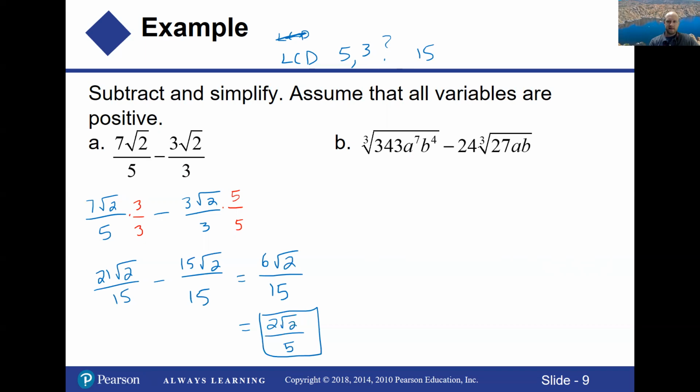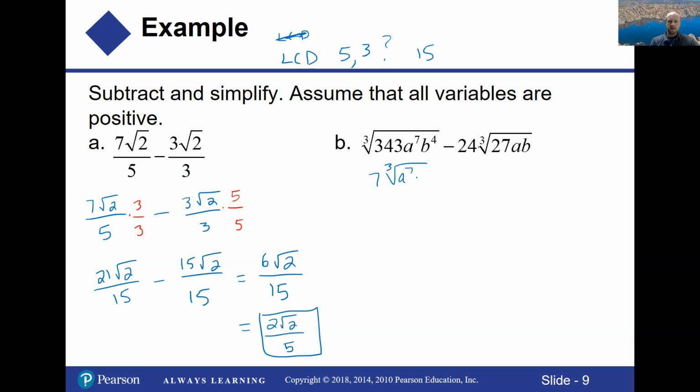And it is, okay? So I'm going to start off with that. So the cube root of 343 is 7. And let me worry about those variables in a little bit here.